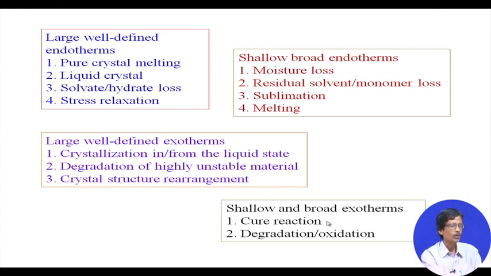The curing reaction can be a polymeric curing of the polymeric sample, or sometimes a sample is getting degraded, we want some degraded product or some oxidized form, because sometimes an oxidized form can be useful or have some application for that particular sample. So we allow it for degradation, we allow the sample for its oxidation. That can be monitored by a very small, broad exotherm.